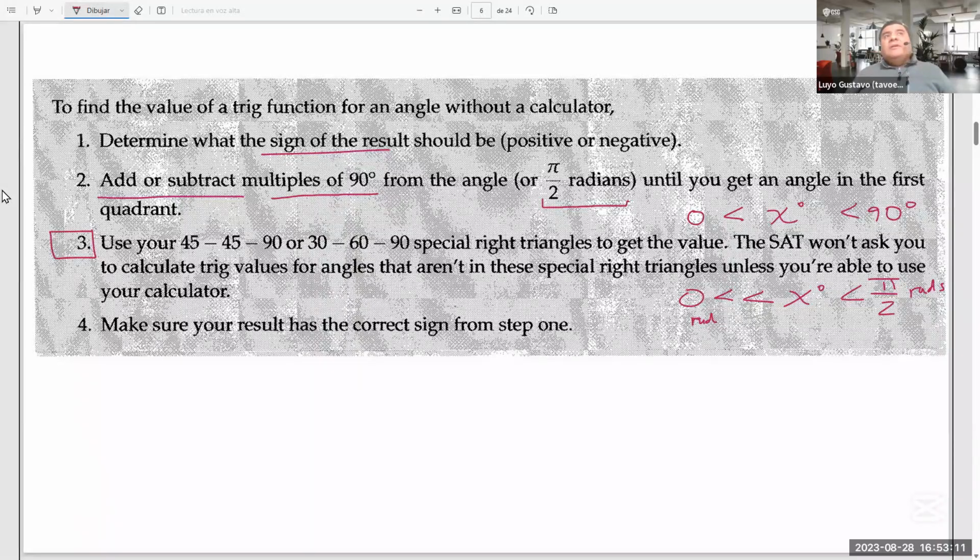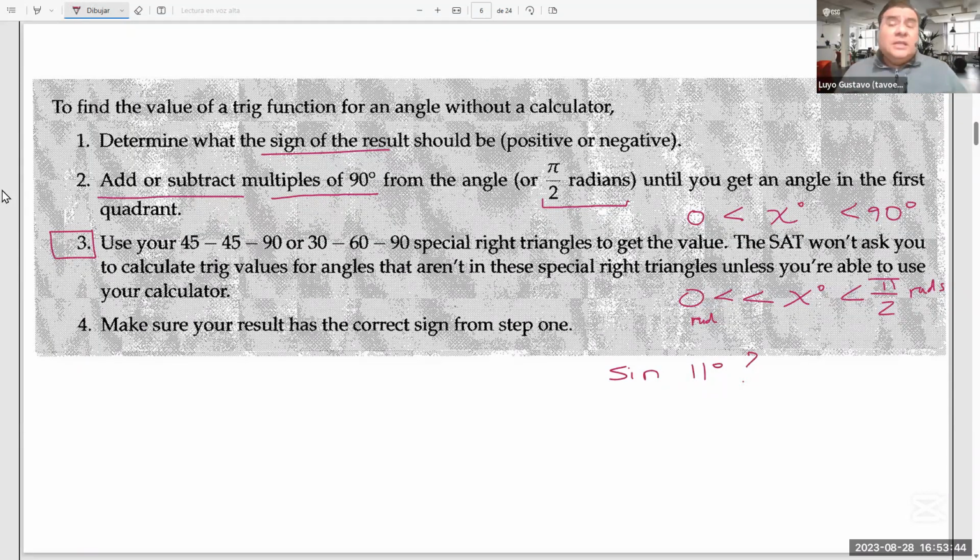So here is the good news: in the SAT, they will not ask you to calculate trigonometric values for angles that are beyond the common triangles that we've already studied. Or if they really ask you to calculate, for example, the sine of 11 degrees, for sure, they will allow you to use the calculator.